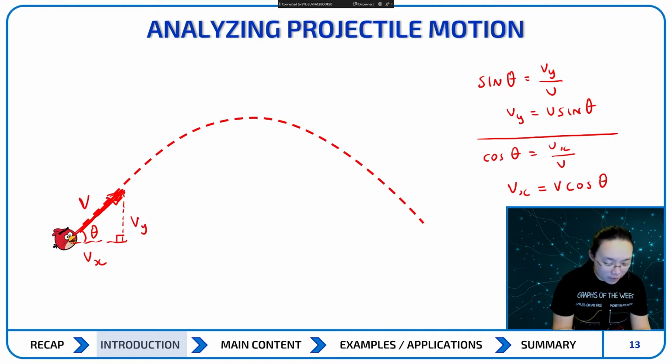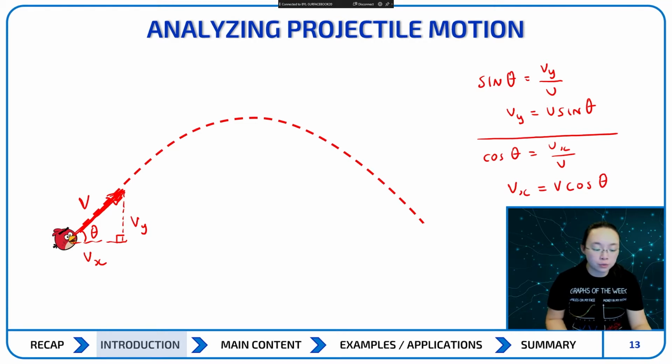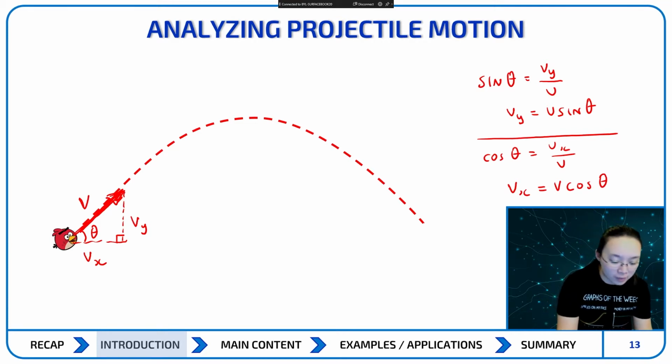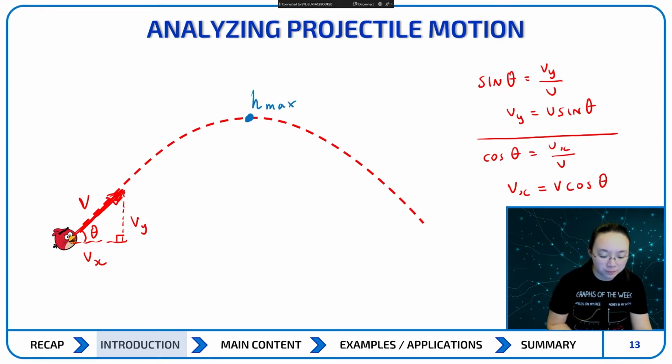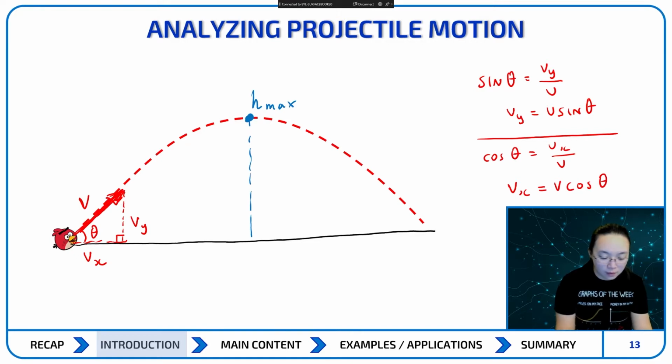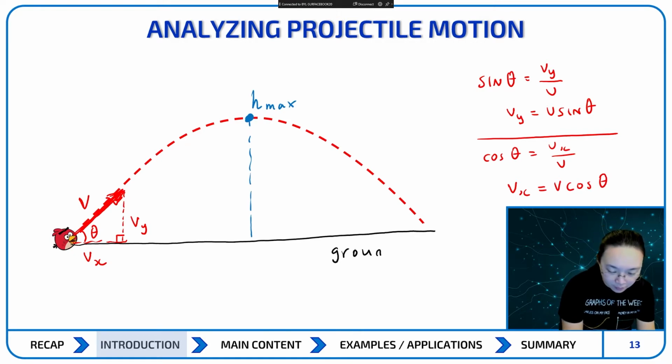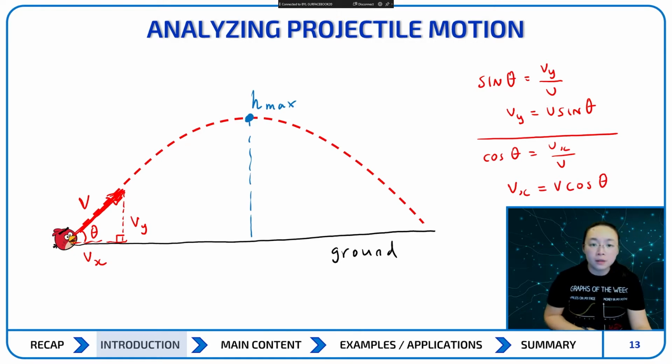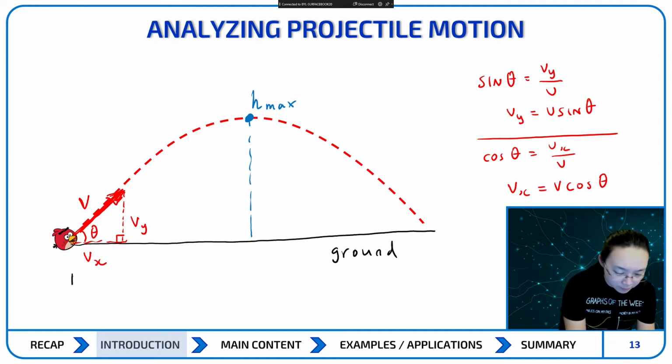The next thing I want to mention is that in a lot of cases for projectile motion, you might want to take a look at what happens at a maximum height. Let's call it H max for maximum height. And then if you drag it down here and draw the ground, so that's the ground, you can figure out the distance traveled.